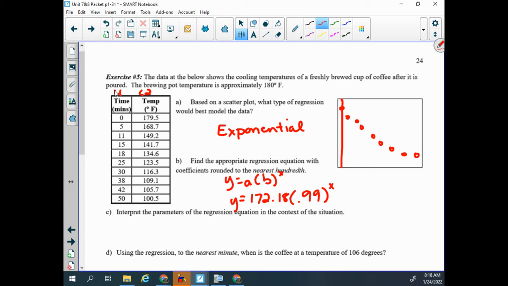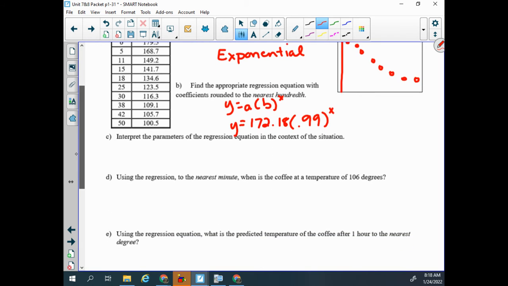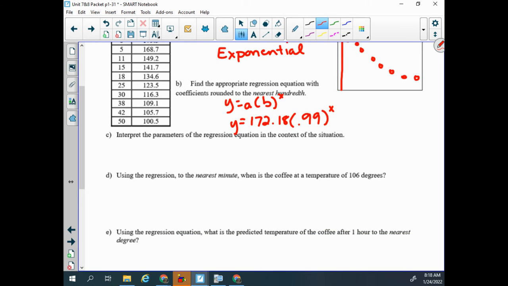Interpreting those parameters, those numbers I plugged in of the regression equation, in the context of this situation, we know when an equation is in this form, this is the start value or the y-intercept, and this value is the growth, or in this case, decay factor.